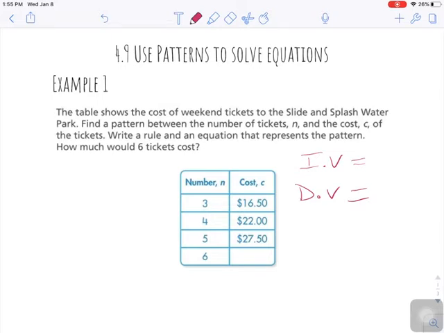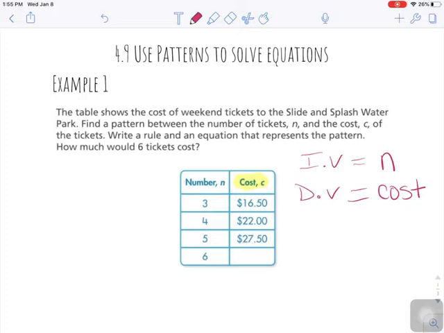So what depends on what there? Our independent variable is our number of tickets N, and our dependent variable is our cost C. This is the case because the cost, how much we pay, really depends on how many tickets we have. So how many tickets changes how much you pay total.